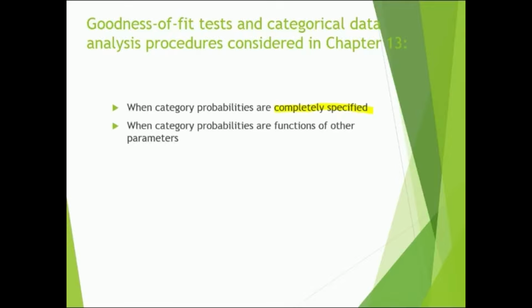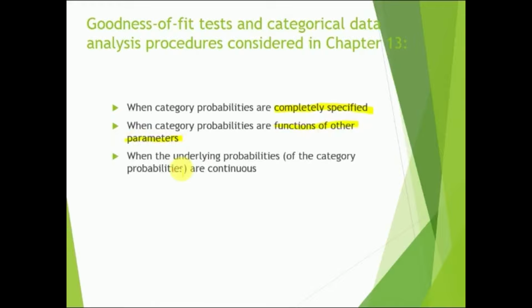The other situation will be when category probabilities are functions of other parameters. That differentiates the second kind of problem. And when the underlying probabilities of the categorical probabilities are continuous. So we're not going to focus only on discrete distributions, but we're also going to look at continuous distributions.